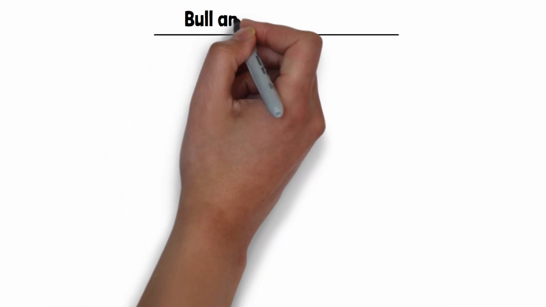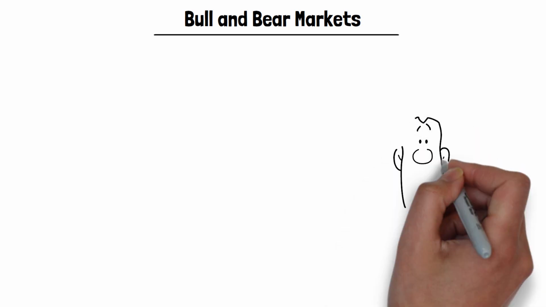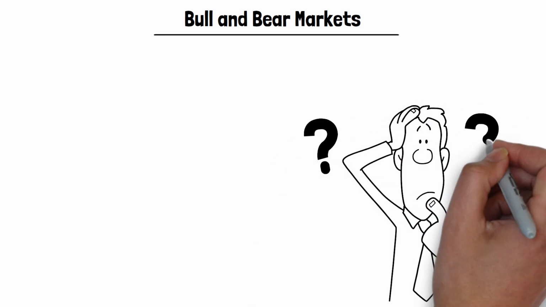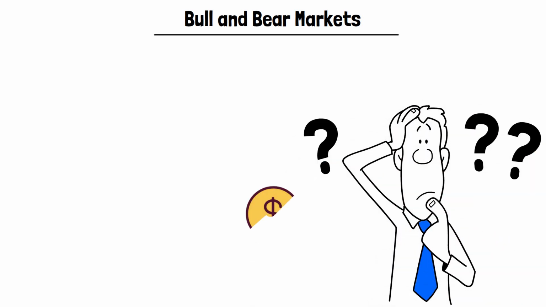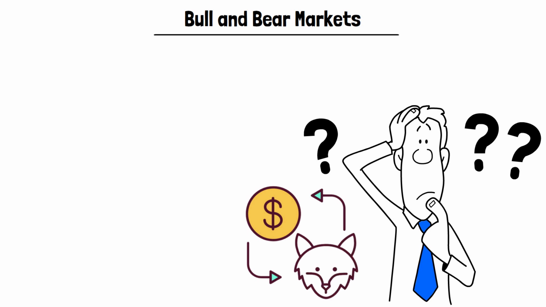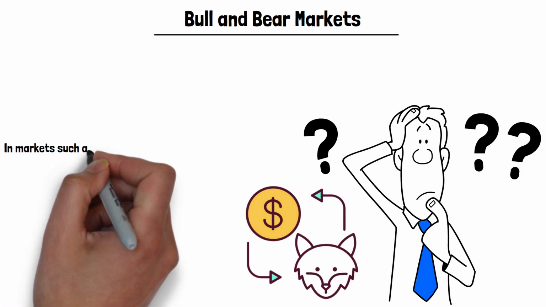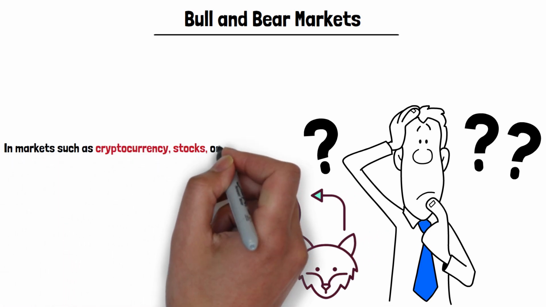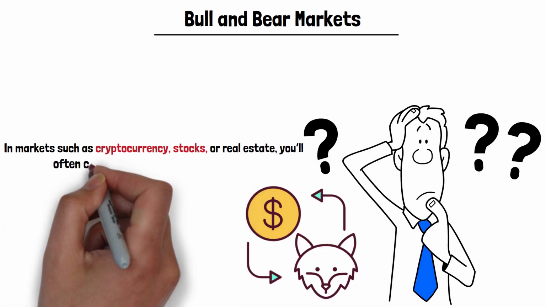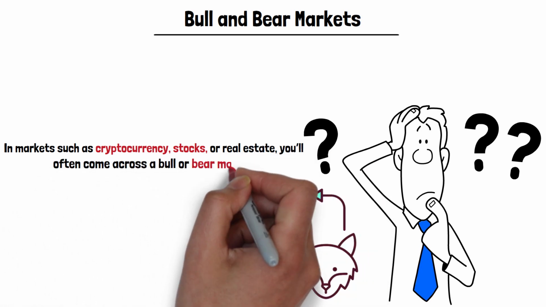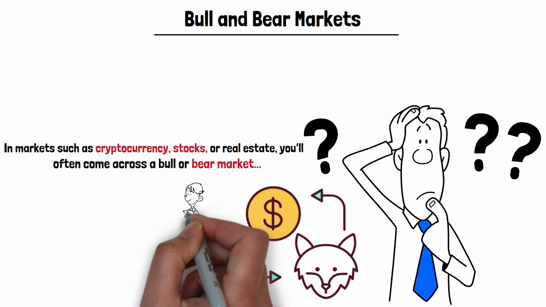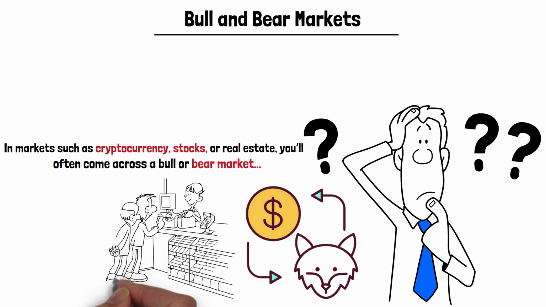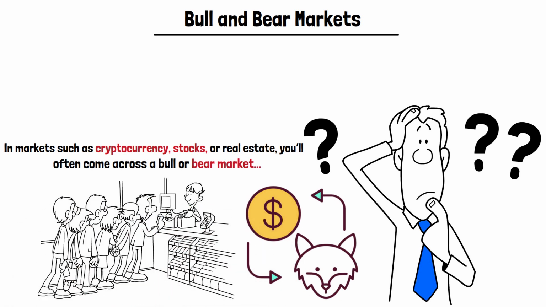Finally, let's talk about bull and bear markets. At first, you'd be forgiven for thinking that bull and bear markets are where they trade animals, but that's not the case. In markets such as cryptocurrency, stocks, or real estate, you'll often come across a bull or bear market. A bull market is a period where the majority of investors are buying and demand outweighs supply.